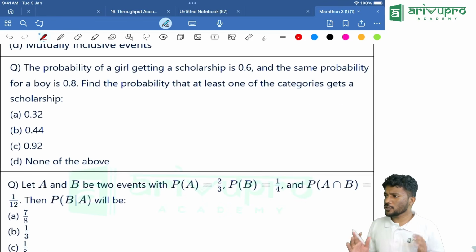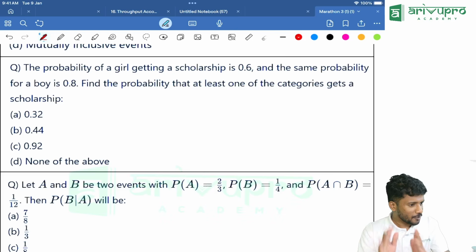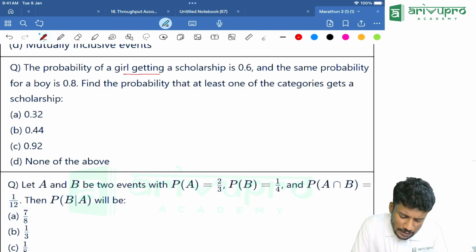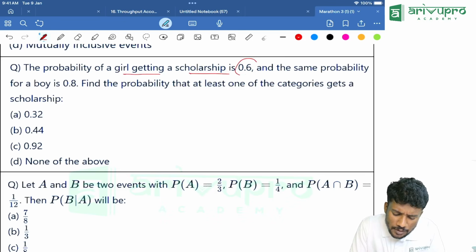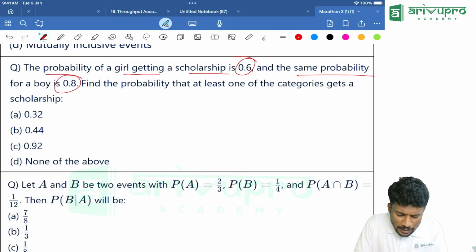Now we are going to use the logical method, not the formula method. Look here. Probability of a girl getting a scholarship is 0.6. The probability of a boy getting a scholarship is 0.8. So probability of girl getting the scholarship is 0.6.